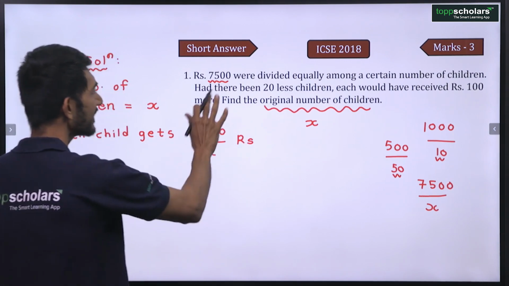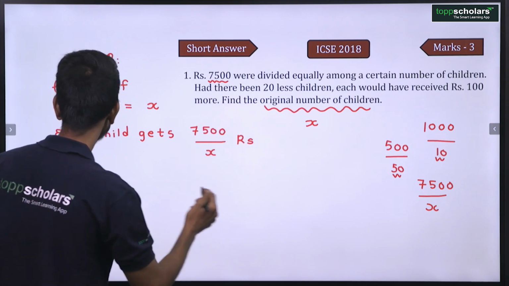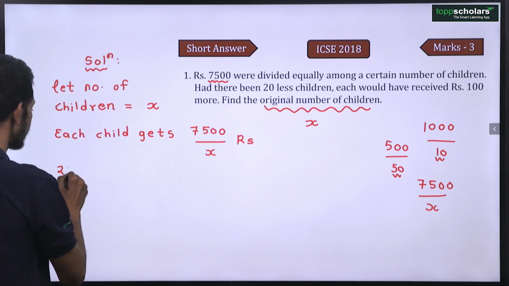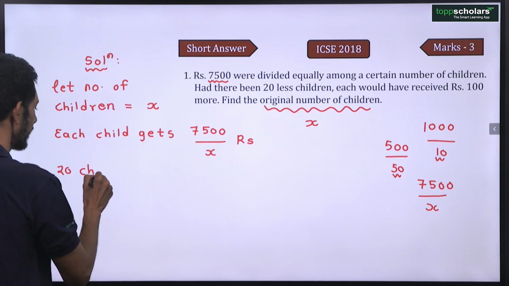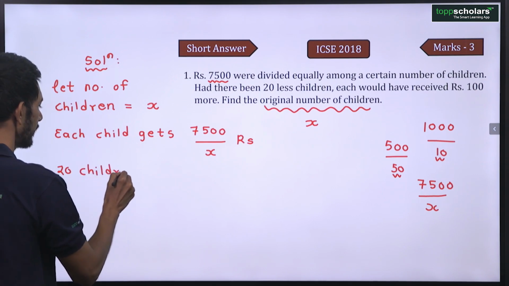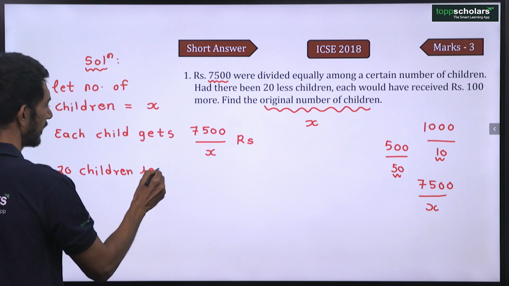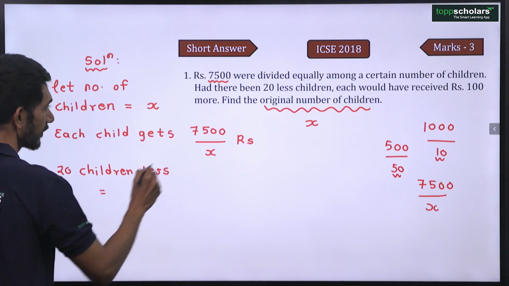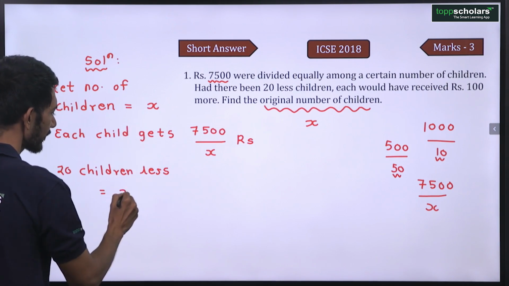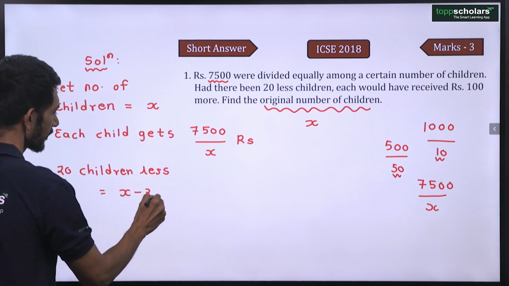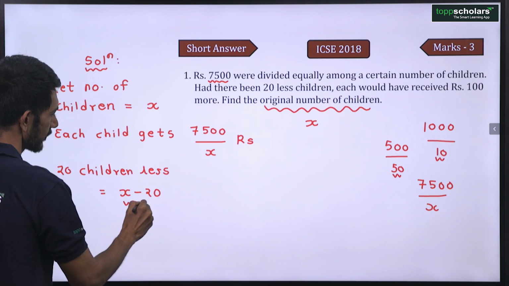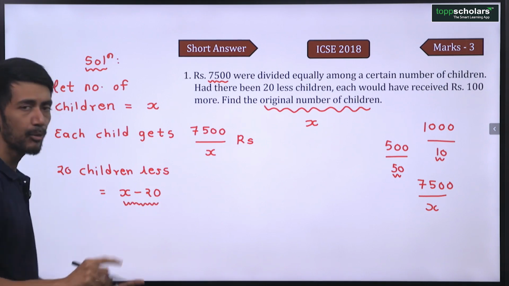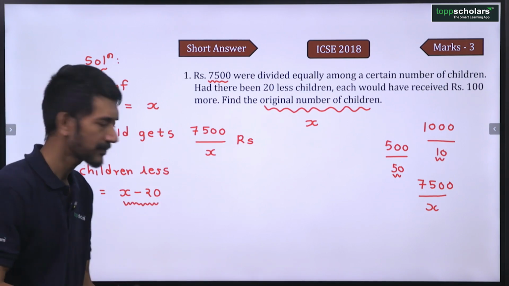Okay, had there been 20 children less, so can I say 20 children less indicates x minus 20. Now tell me how much will each child get?